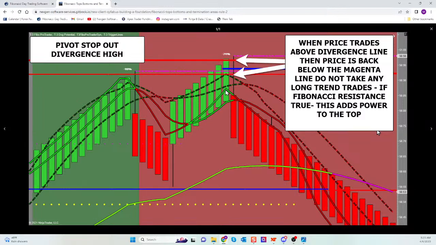And then we're going to use the recipe. Price reaches the area where the triggers are, and if the trigger lines remain below, then that divergence becomes a termination condition. And when it happens at these key Fibonacci areas, it creates a very, very strong top and typically a reversal. Not guaranteed, but it increases the likelihood of the reversal.